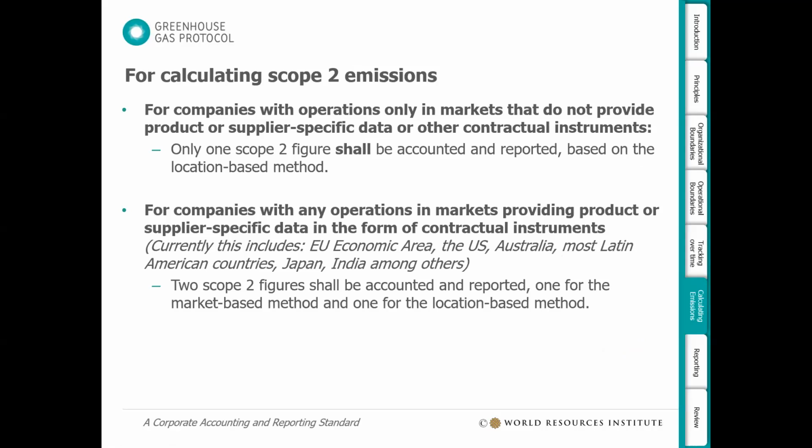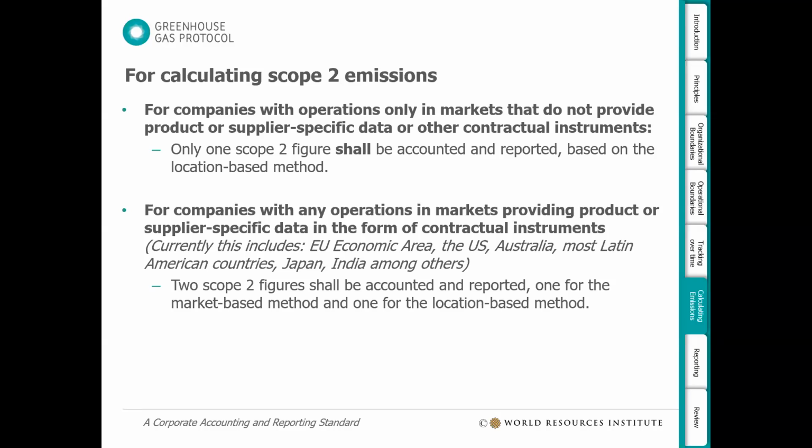There are some sector-specific requirements surrounding the use of Scope 2 emission factors, and these requirements were introduced in the new Scope 2 guidance. To recap and to answer a question that came through earlier, there are two approaches for recalculating and reporting Scope 2 emissions under the new guidance.